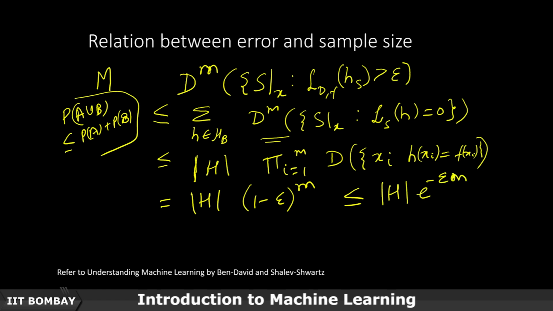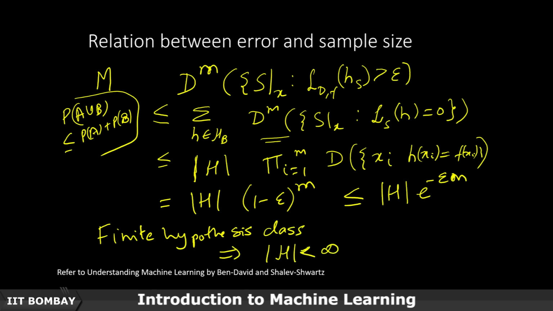Notice that we are actually looking at the number of hypotheses, and because of that this bound on the error only works if we have finite hypothesis classes, which implies that the number of hypotheses in this class is less than infinity.